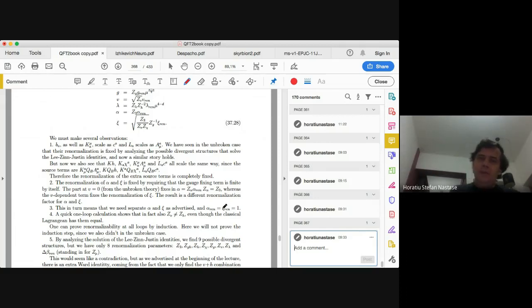So that means that alpha renormalized must be equal to psi renormalized, whereas alpha and psi are different and their renormalization is different. This is such that the renormalized values are equal, and then they could be put to 1 if you want in the Feynman-like gauge.